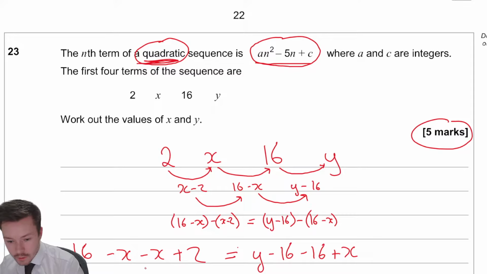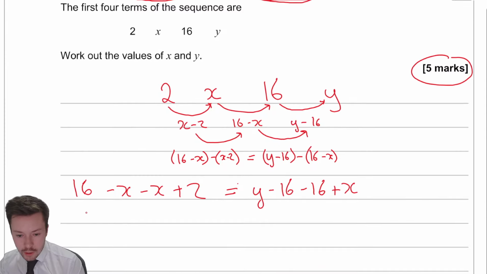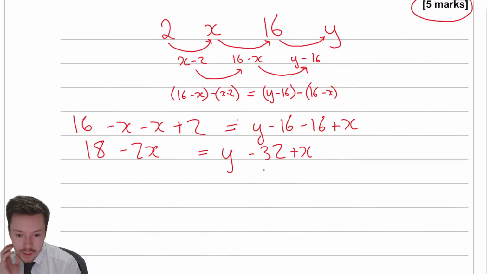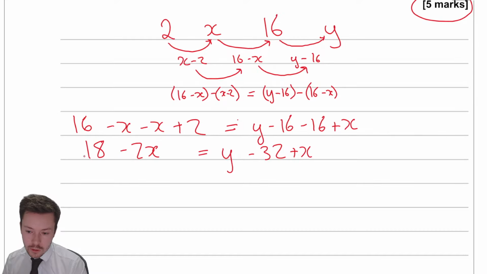plus x. So from there, we're going to get 16, it's not 16, I'll do 18, that would make it a bit better, so collect my like terms properly. 18 minus 2x is equal to y minus 32 plus x. We're going to take away the x from both sides, and we're going to add 32. 32 add 18 is going to be 42 add 8, which is 50.